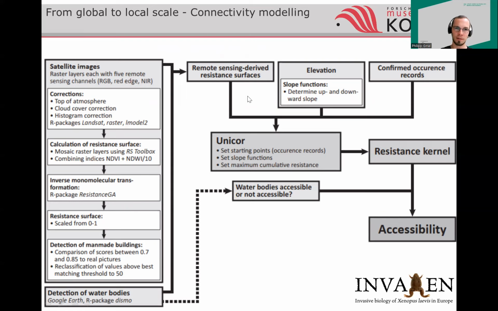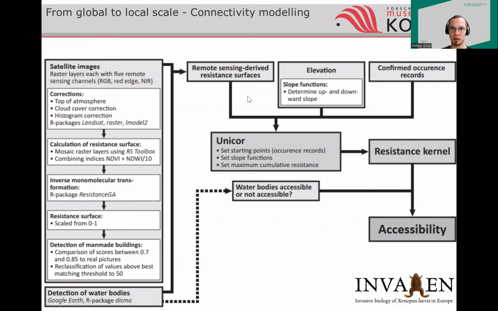Then we did some necessary corrections for the further processing to calculate our resistance surface. For this, we calculated the NDVI, a vegetation index, and the NDWI, a vegetation index that also includes the water content of the vegetation, because we assumed that a predominantly aquatic frog would prefer moist vegetation when it moves over land.